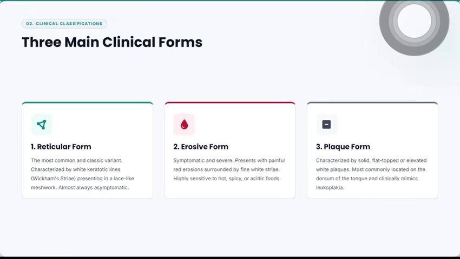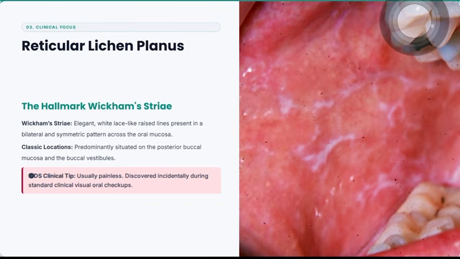Now coming at the reticular lichen planus. The most common and classic form is reticular lichen planus. It presents as thin, raised, white lines forming a lace-like or net-like pattern called Wickham striae on an erythematous background.